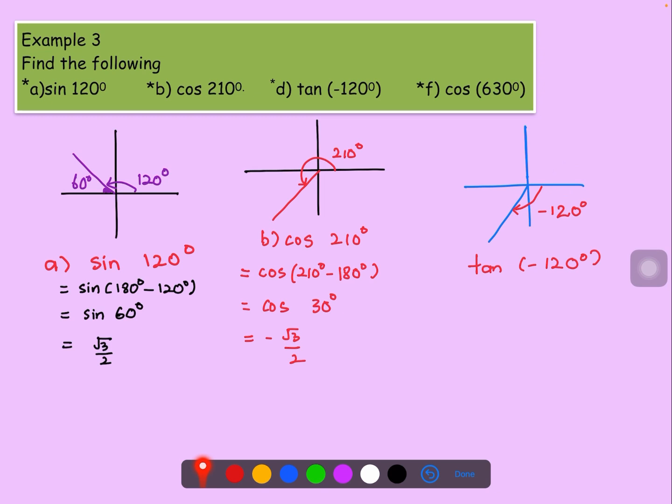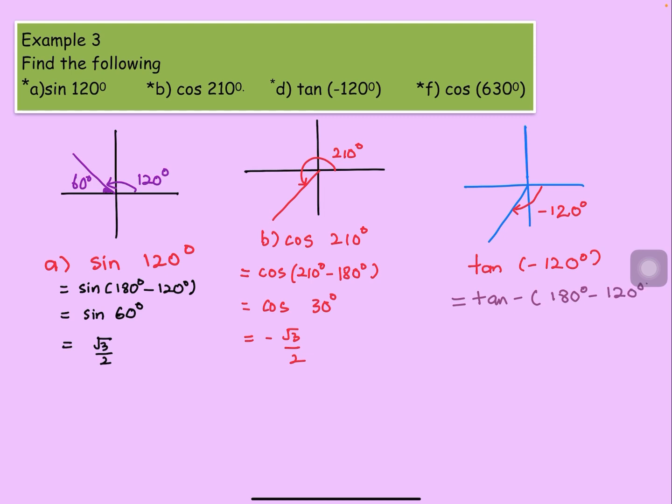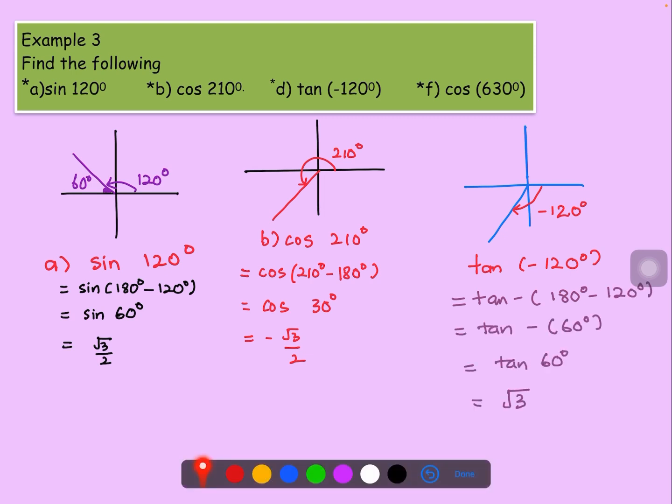This is minus, following the direction of clockwise, and equals tangent minus, because we are referring to the negative value, 180 degrees minus 120, which is tangent minus 60 degree. But then here, tangent in the third quadrant is positive, so this negative will change to positive immediately, so the value is root 3.